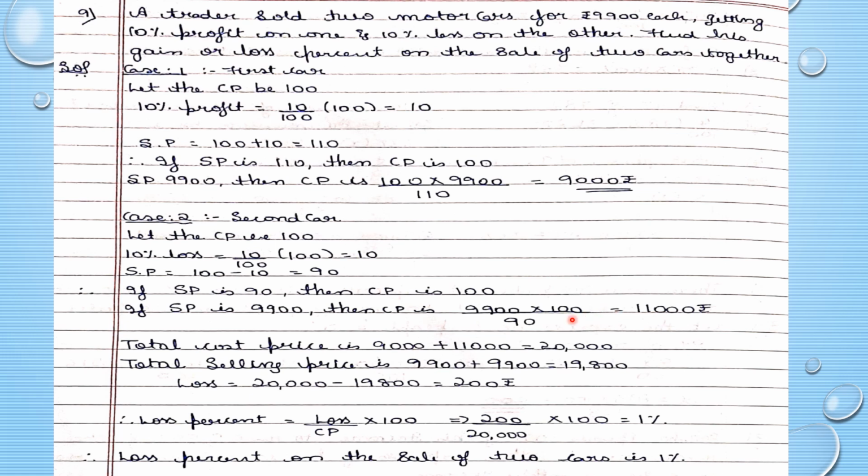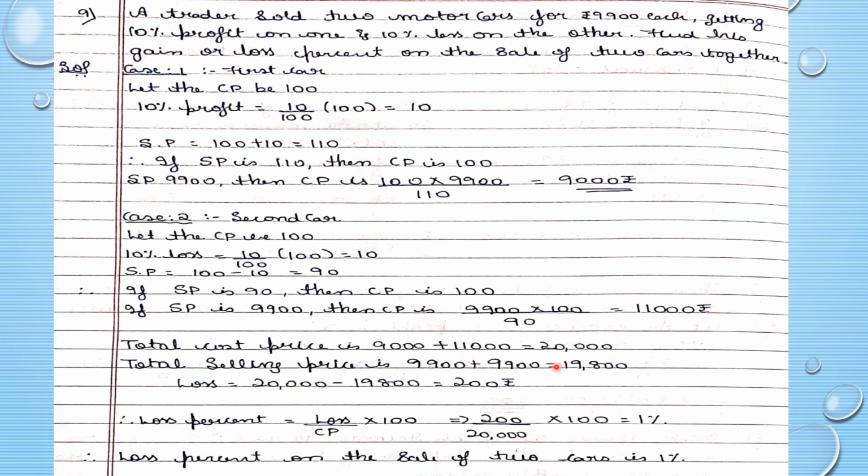So now take the total cost price of both car 1 and car 2. Car 1 has 9,000 and car 2 has 11,000. So when you add, it will become 20,000. So what is the total selling price? Selling price was rupees 9,900 each. Even for car 1 it was 9,900, even for car 2 it was 9,900.